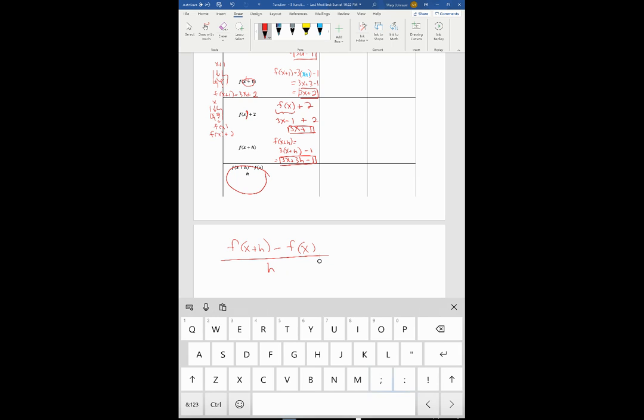So we're going to take the f of x plus h, and it goes here. We're going to get f of x and put it here. And then the formula says subtract those two things and divide by h.